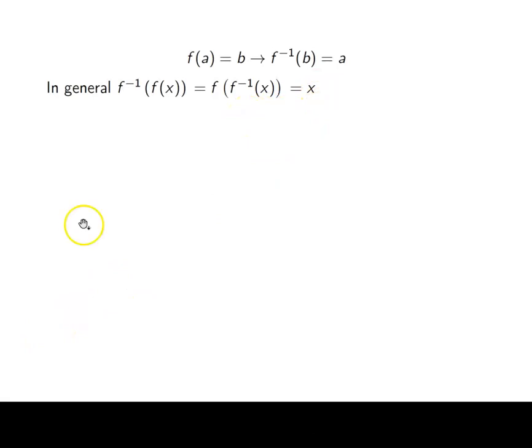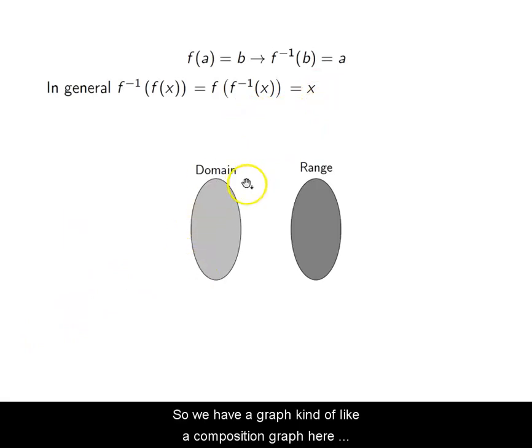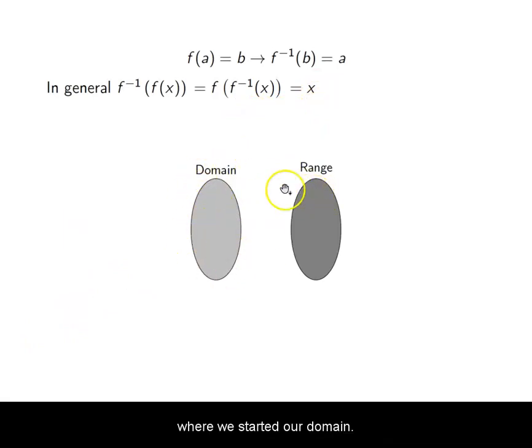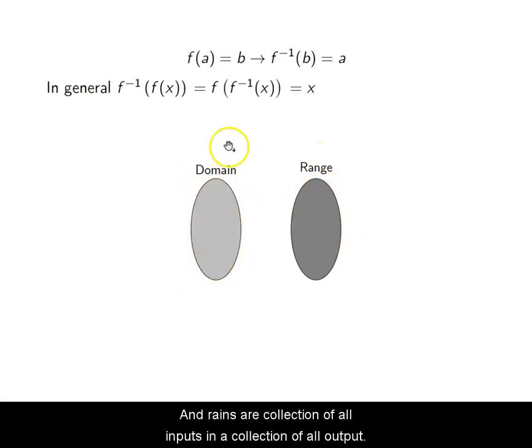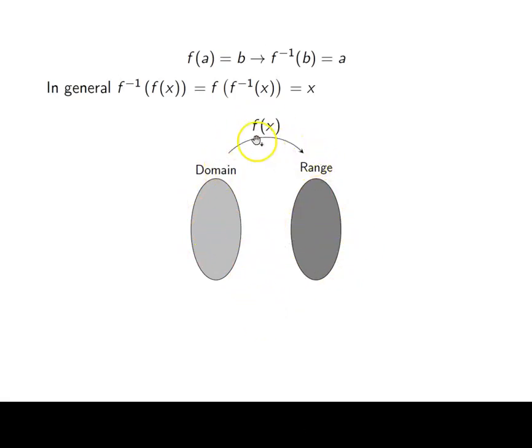So if we have a graph, kind of like our composition graph here, where we start with our domain and our range, or a collection of all inputs and a collection of all outputs, our function takes us from our domain to our range.